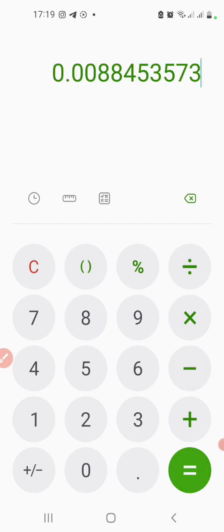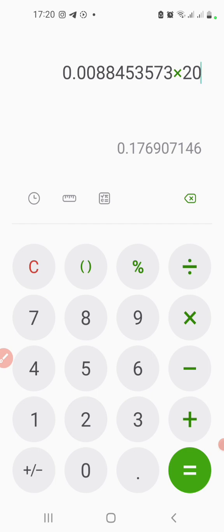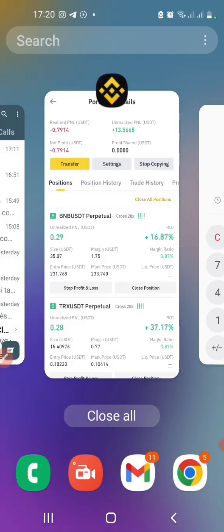The increase, the difference between the two prices, from 231 to 233, gives us 0.8%. Good. So if you take this one times 20, the leverage, as you can see, that is 17.69%. That's what we just saw here.